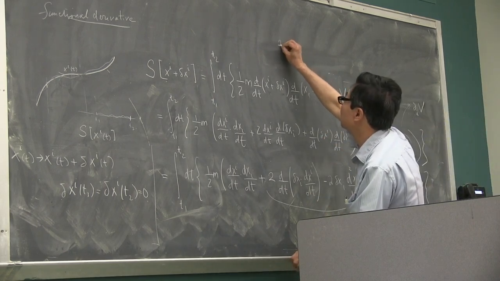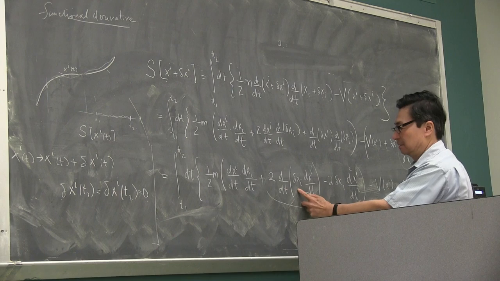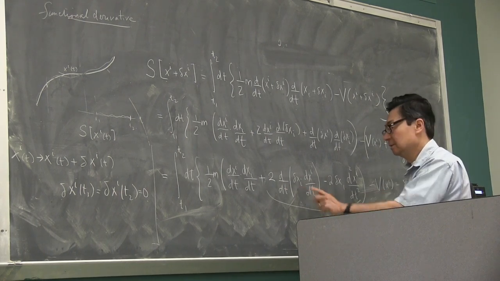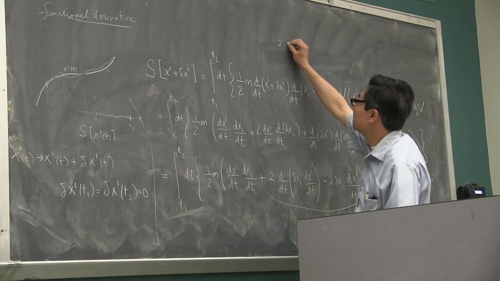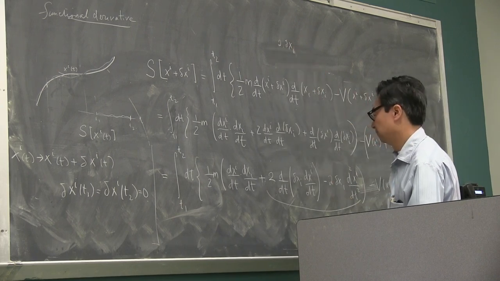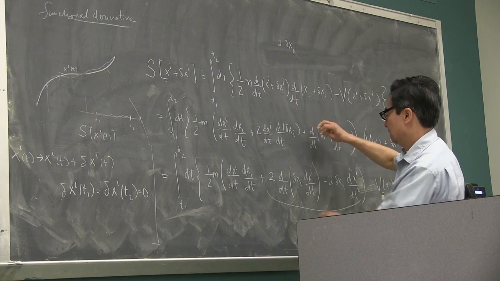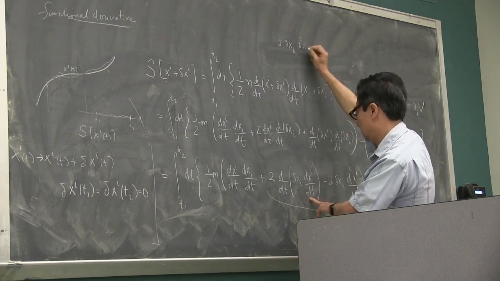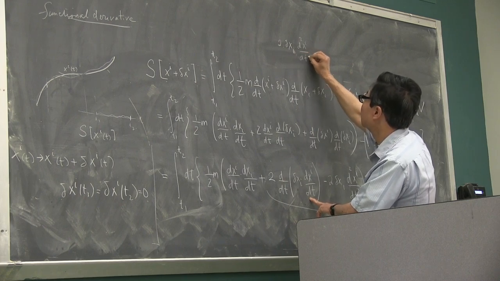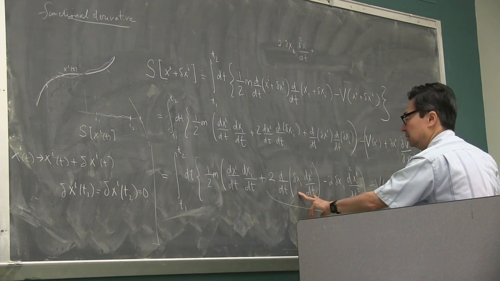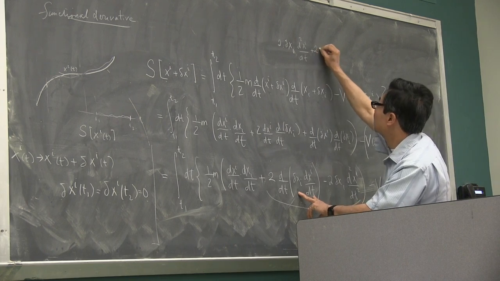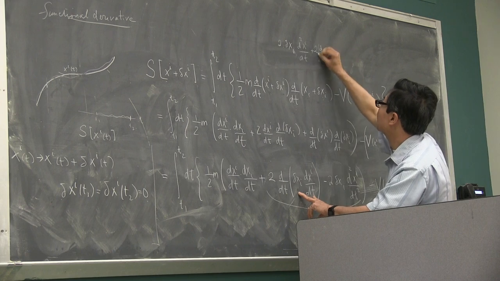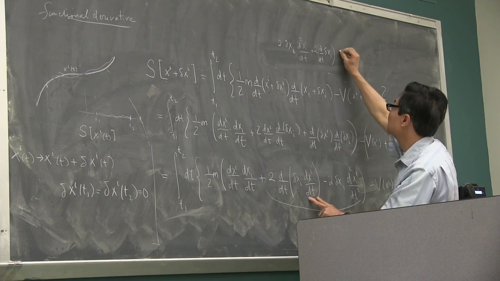2 times, now here's the derivative of the product, right? So I use the product rule. So 2 times delta xi, then differentiate the second factor, which becomes the second derivative of xi with respect to t. And plus 2 times the derivative of delta xi times the second factor, which is written the way it was.